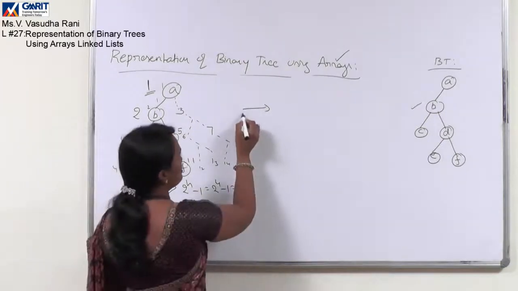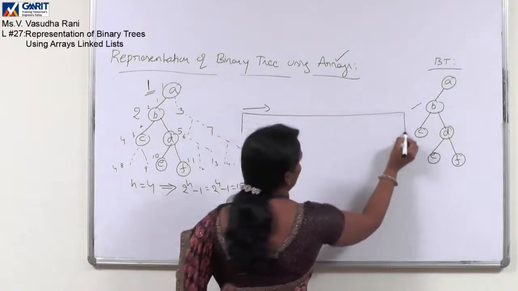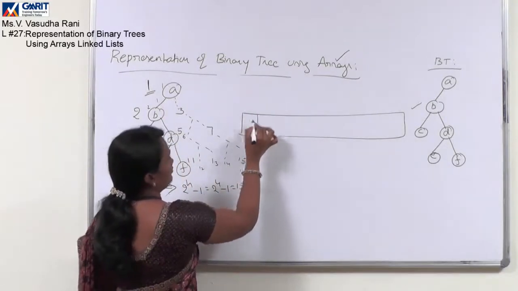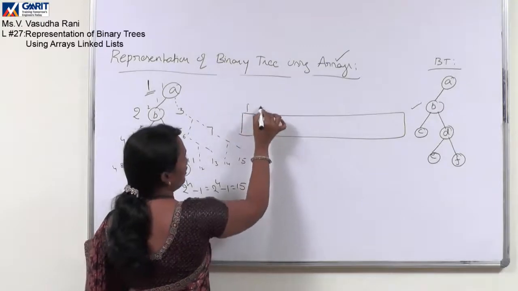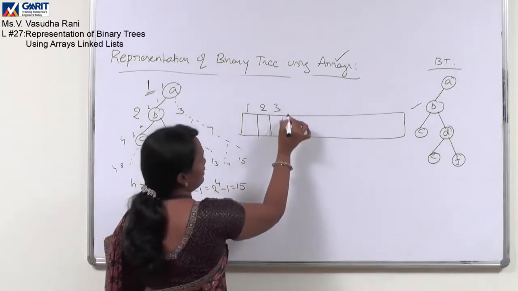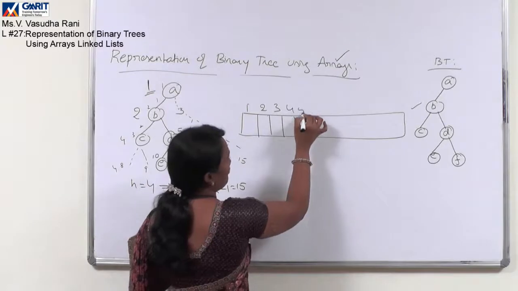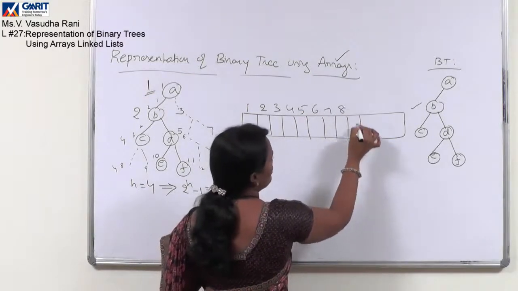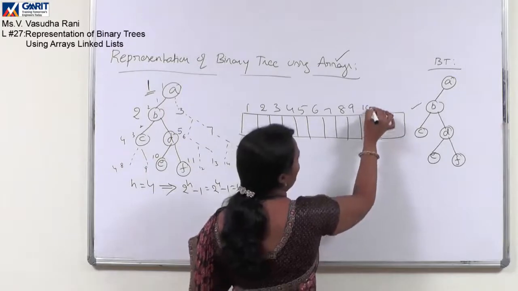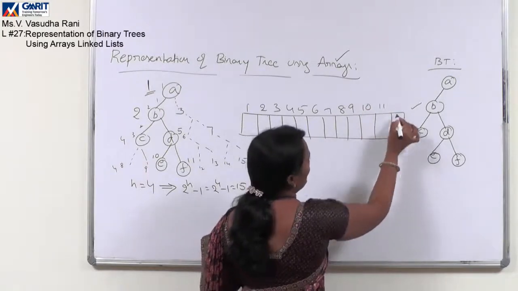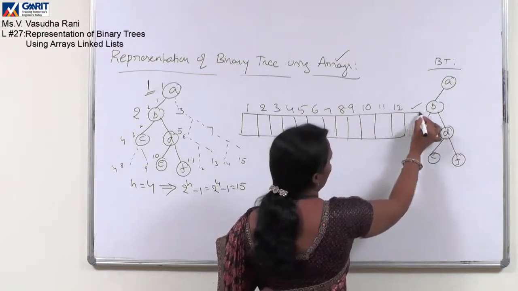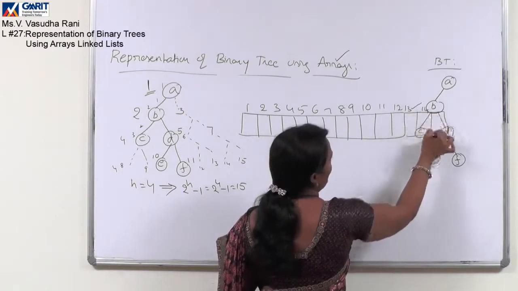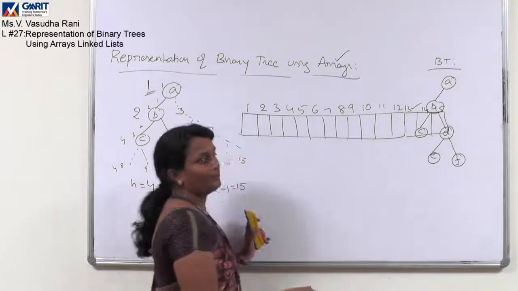So let us consider positions from one, 2, 3, 4, 5, 6, 7, 8, 9, 10, 11, 12, 13, 14 and 15.